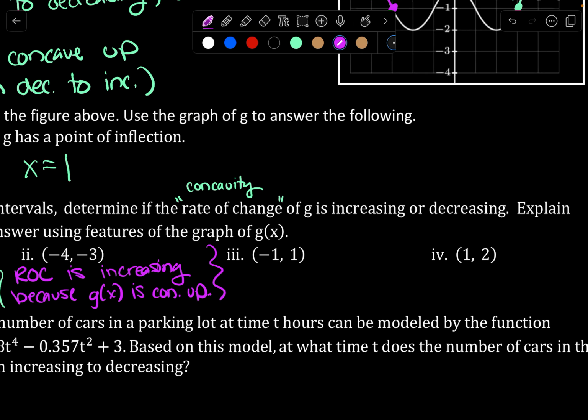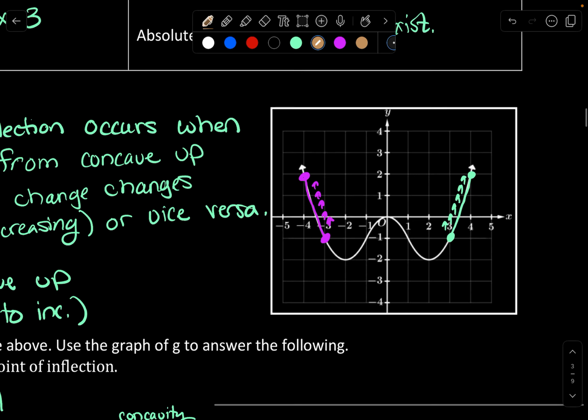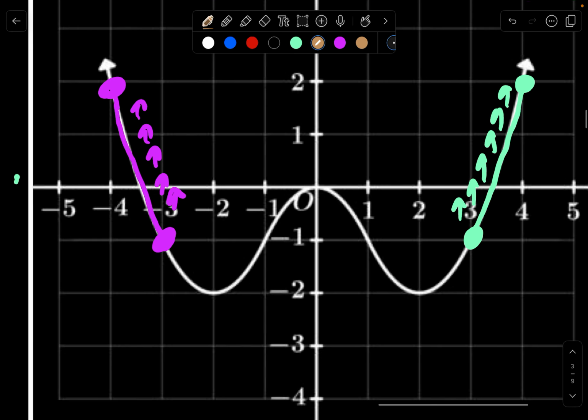The next segment is -1 to +1. So we already talked about these being the points of inflection because that's where the concavity is changing. If we look from -1 to +1, now the function is increasing, but then it's decreasing, okay?